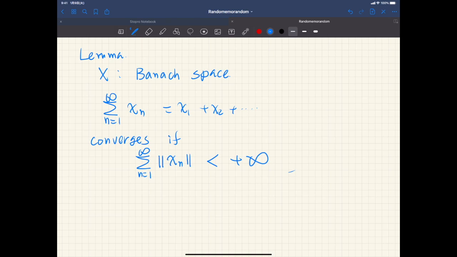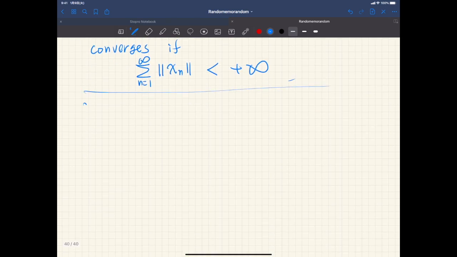So let's prove it. First we define this finite sum. Let Sn be x1 plus x2 plus up to xn.